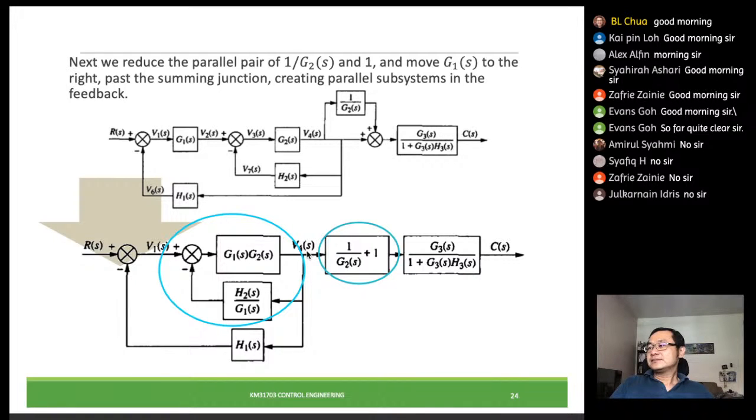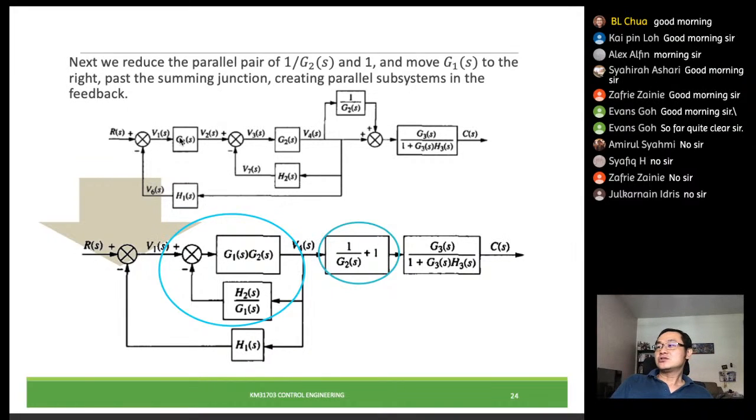Here is another one, right? But what happened is, if possible, we would want to move this in. We want to move it in so that these two summing junctions can be merged together, right? So that at the end, after we move this in, these two summing junctions can be merged together.